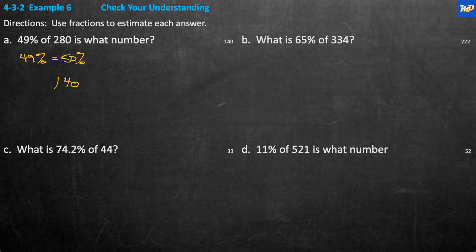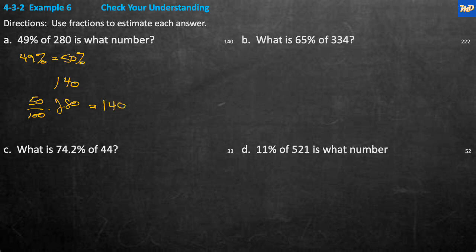We'd say 50 divided by 100 times 280 is equal to what? And when you do that, you take 50 times 280 divided by 100, and you end up with 140.